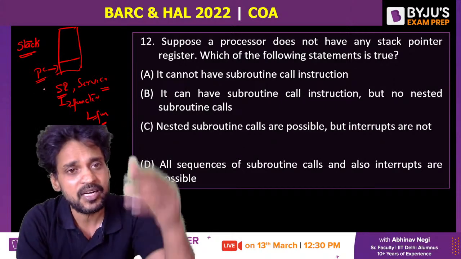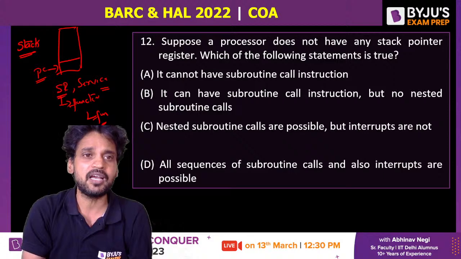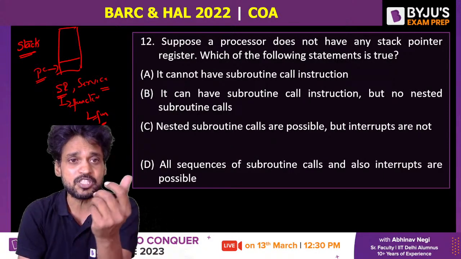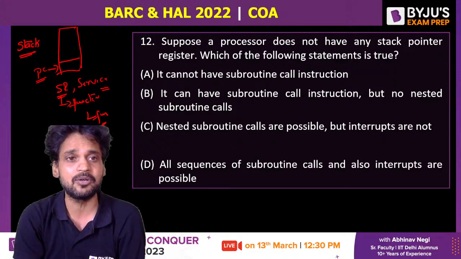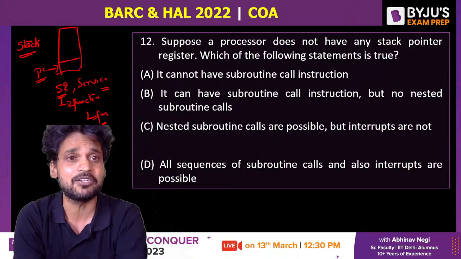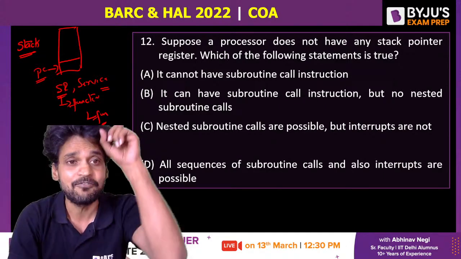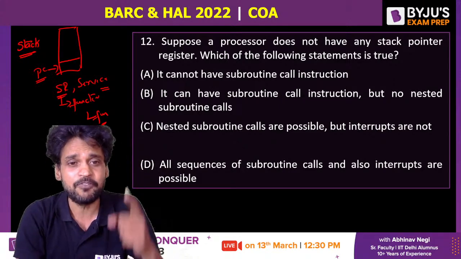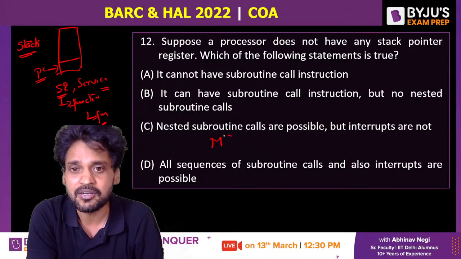If the stack is provided, I will use it. But if there is no stack, my life doesn't end. Even without a stack, I have several possibilities to store my program counter value. Stack makes my life easier, but doesn't end my life if I don't have one. Even without a stack, I can write it down somewhere.